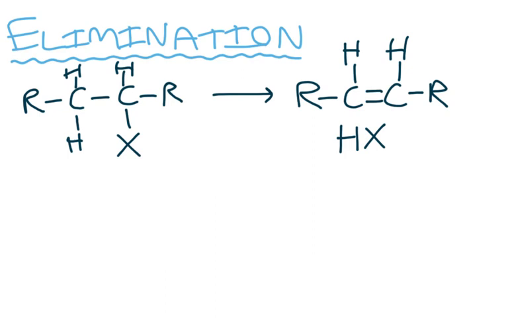The reason why is because E2 happens all in one step, just like SN2, and E1 depends on the formation of a carbocation, just like SN1. And that formation of the carbocation is called a rate-limiting step because forming the carbocation takes so much energy and it's so much slower than the other step that the other step isn't going to determine how fast things go.